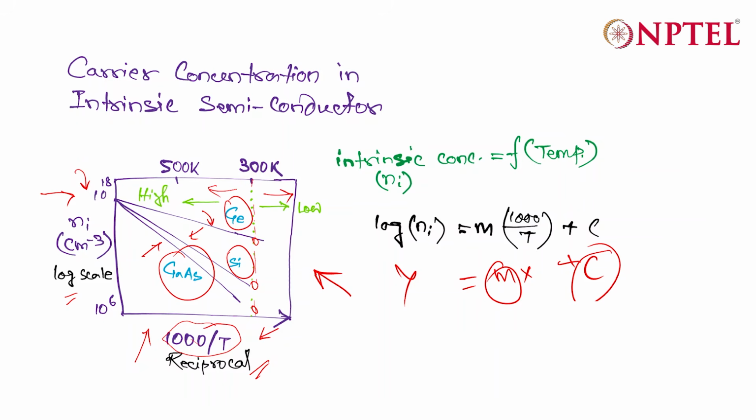You have to remember that because it's a reciprocal of temperature, 1000 by T, definitely if you go right side, it's a low temperature because this value will increase if you decrease T, right? So right side is low temperature and left side is high temperature.